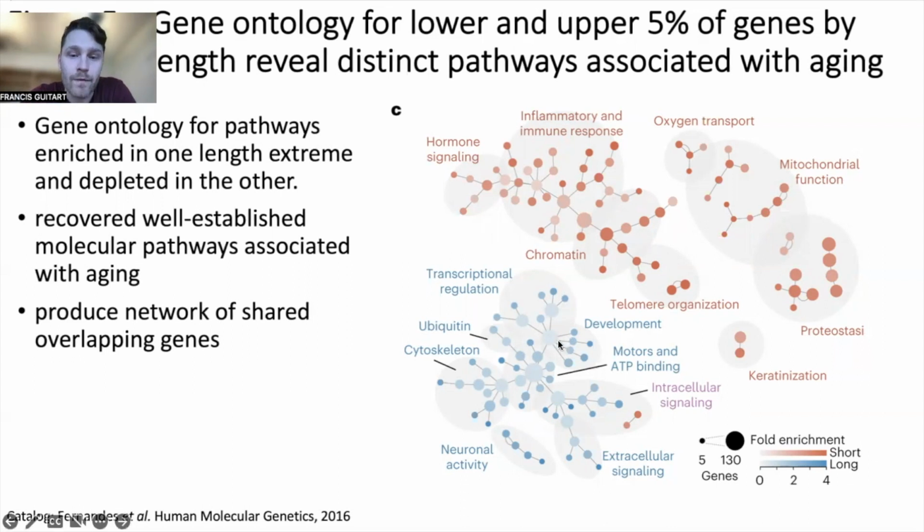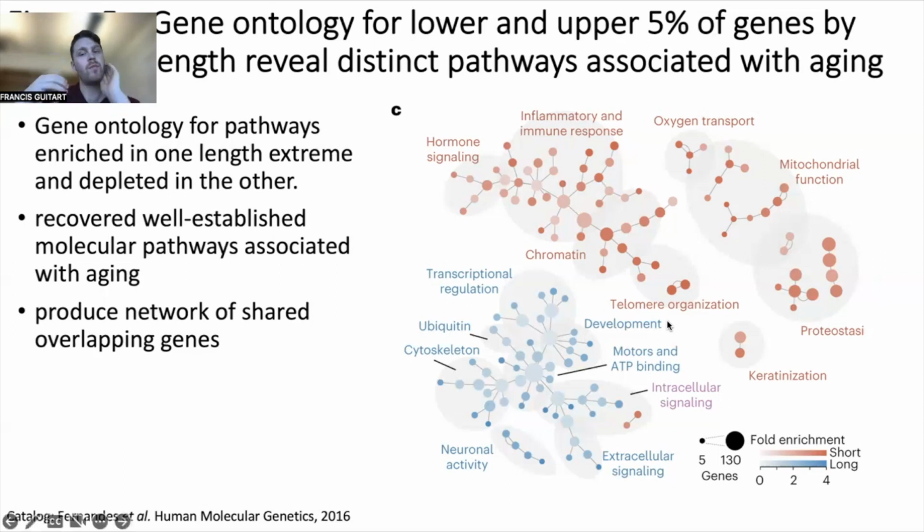And in blue, we have processes that are enriched in the long extreme and depleted in the short extreme. So the first thing we can see from this panel is that there is a very clear separation between the two pathways, with the exception of these two processes that are associated with anti-longevity, or the short extreme. So that is really interesting.